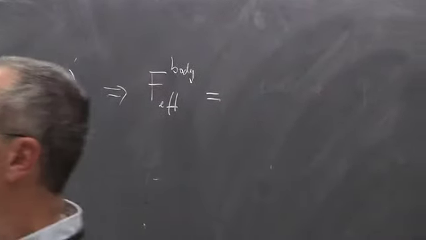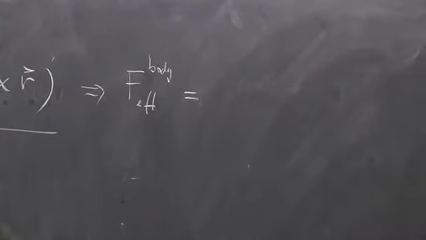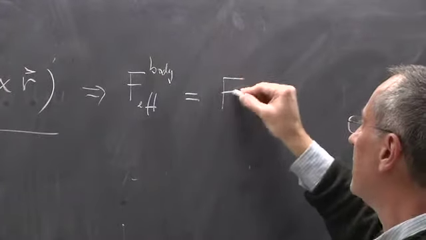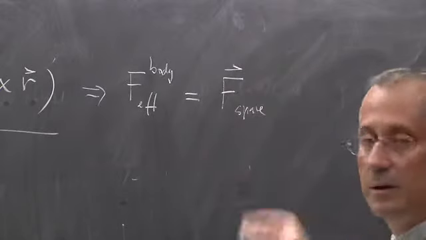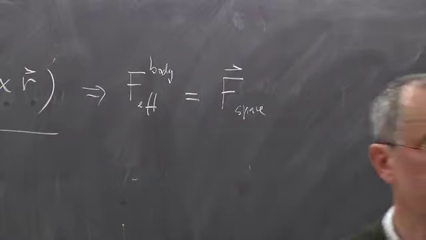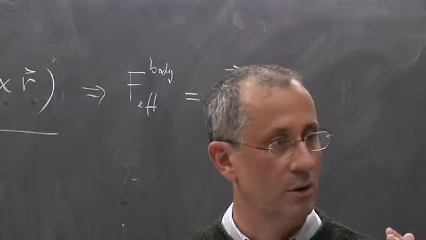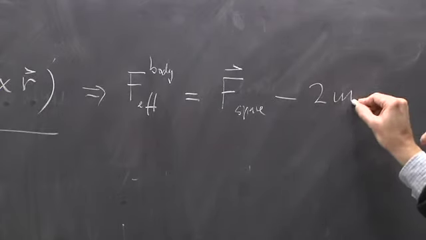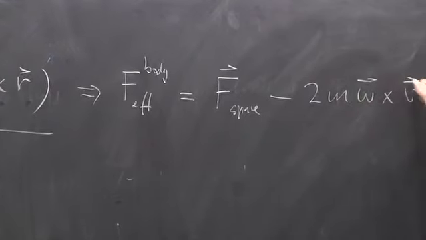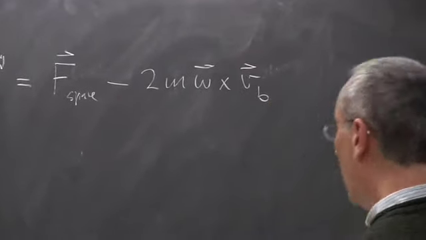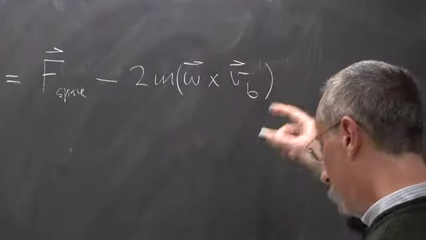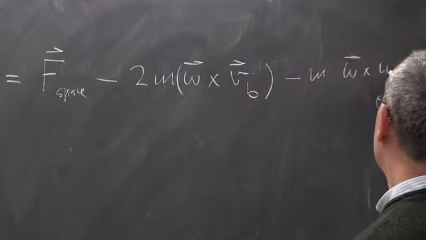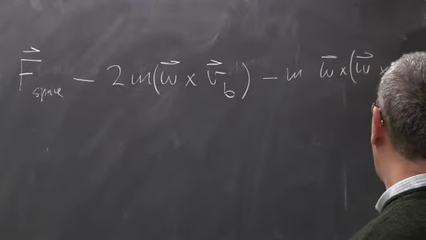So in a way, I'm taking this one here, right? So I take the terms on the other side. So it is the force that you measure in space, that is the force that you measure if you didn't have any rotation, right? Minus these two terms. So minus 2m omega cross the velocity as measured in the body, minus m, this other term that is omega cross r.